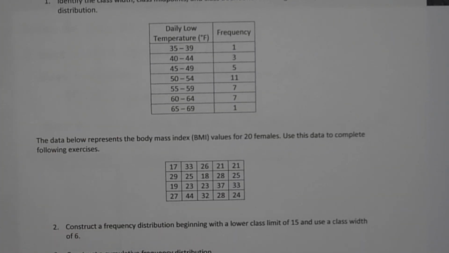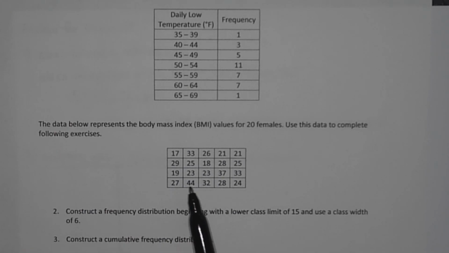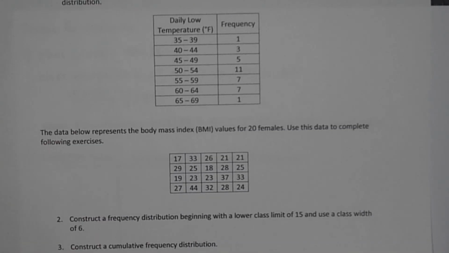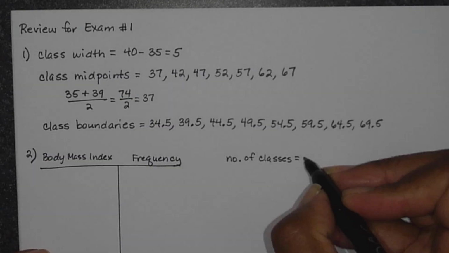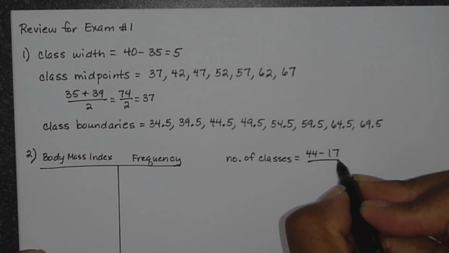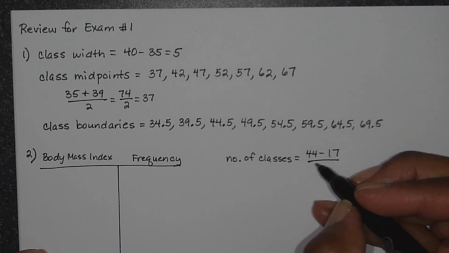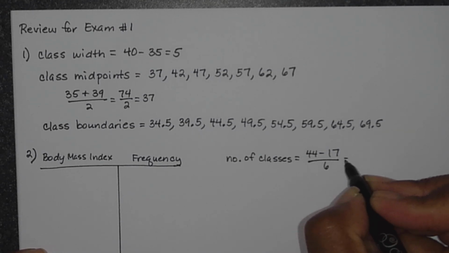Okay, so to find the number of classes for this frequency distribution, we always take the maximum value minus the minimum value, divide that by the class width. So what's the maximum number in this data set? 44. And what's the minimum? 17. So in this case, this will be 44 minus 17, divided by the class width. They tell you to use a class width of 6.